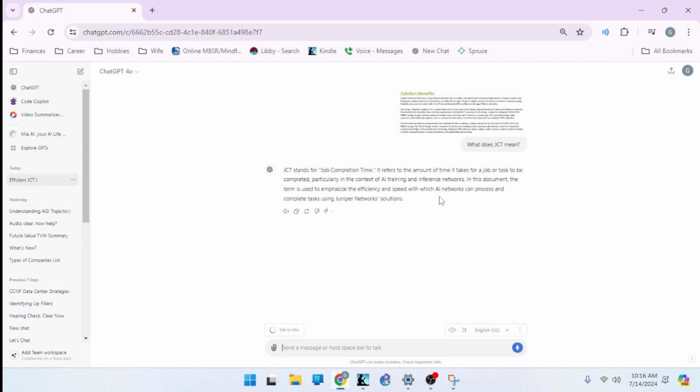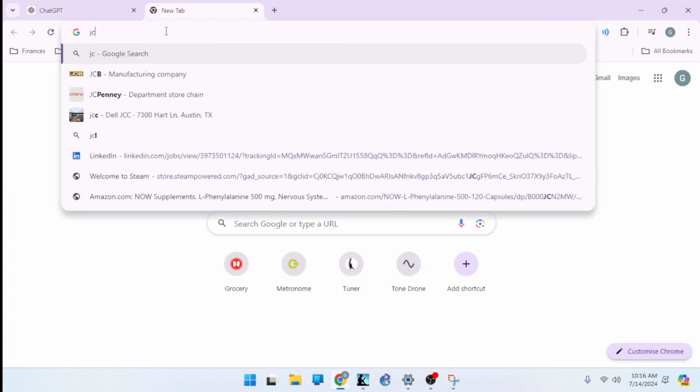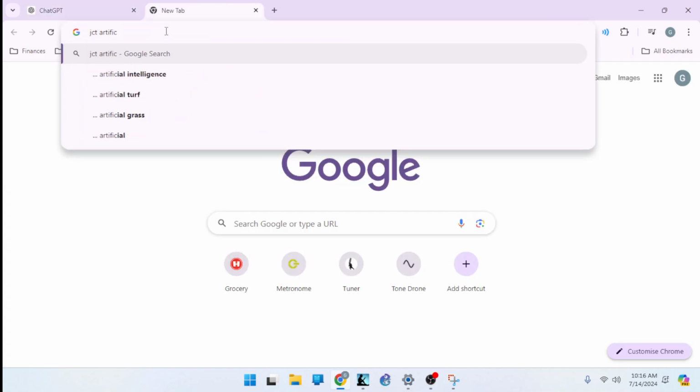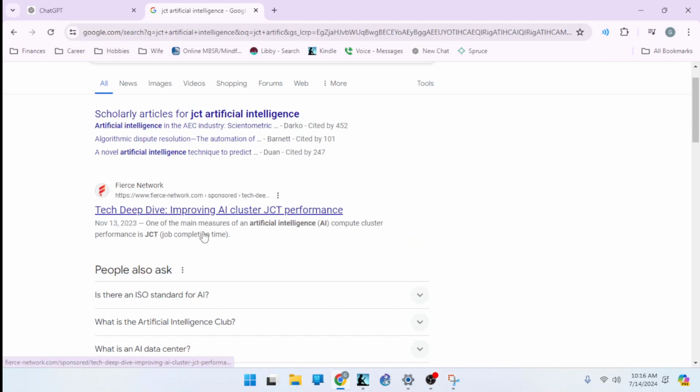Job completion time. JCT stands for job completion time. It refers to the amount of time it takes for a job or task to be completed, particularly in the context of AI training and inference networks. In this document, the term is used to emphasize the efficiency and speed with which AI networks can process and complete tasks using Juniper network solutions.